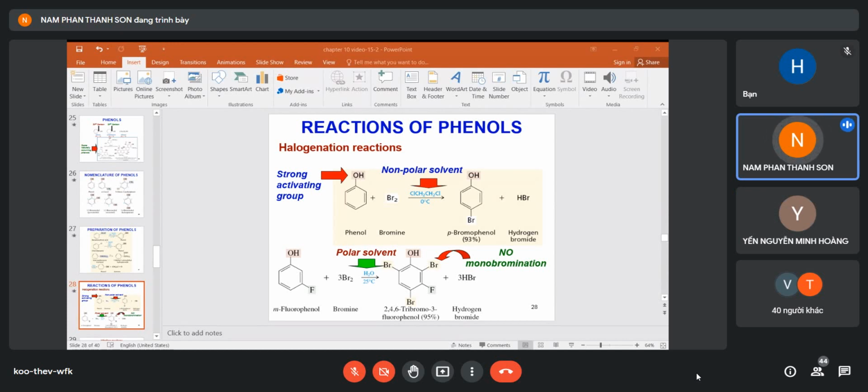Way number 1 is alkyl halide with Lewis acid catalyst. Way number 2 is C double bond, alkene. What is the catalyst? C double bond and Brønsted acid catalyst.